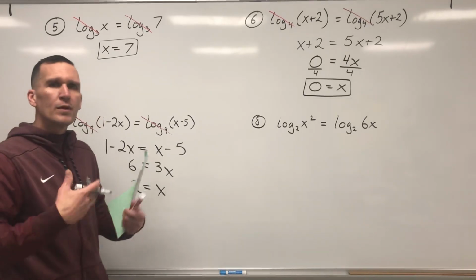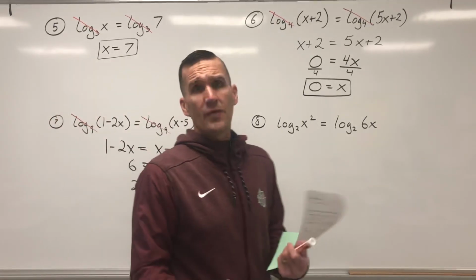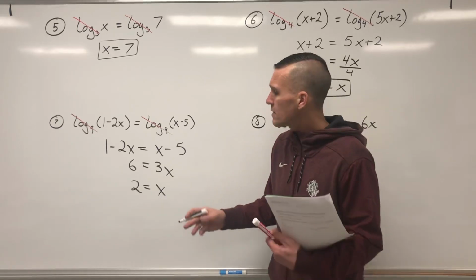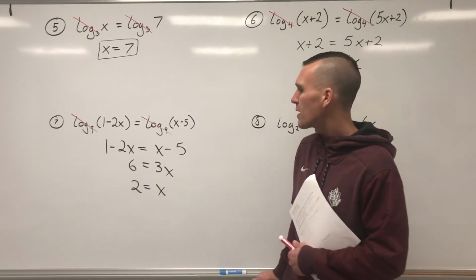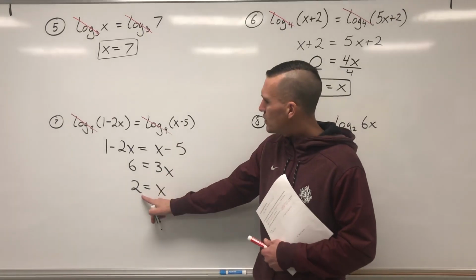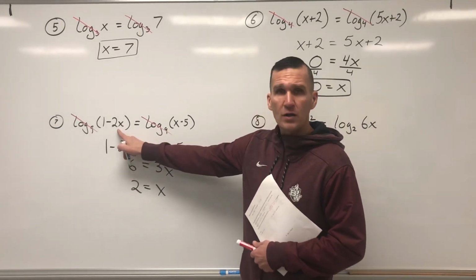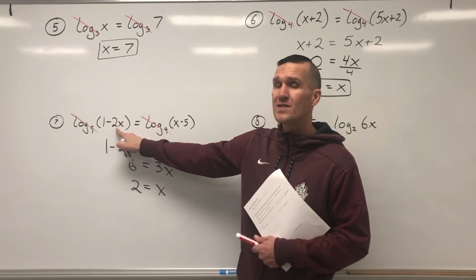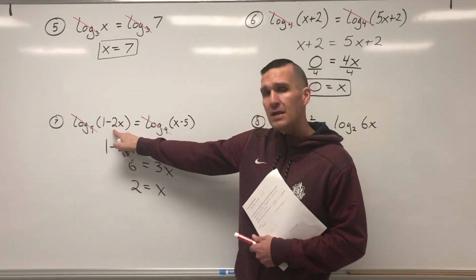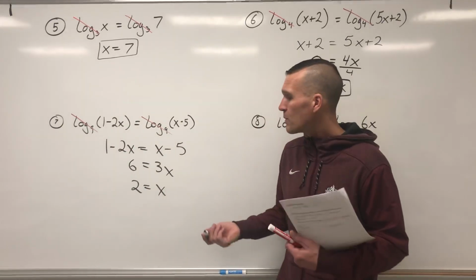Now again, if you don't really understand the restrictions as well, you might think right now, great, I got a positive answer. It's not your answer, it's what happens when you plug it back in. So when I take 2 and plug it into this argument, I have 1 minus 2 times 2 is 4. 1 minus 4 is negative 3. Negative 3 is not allowed to be the argument of a logarithm.